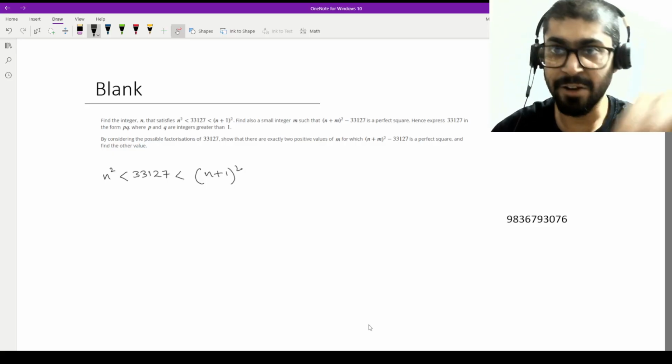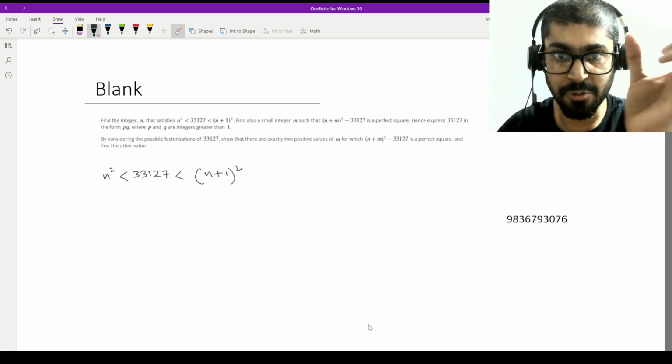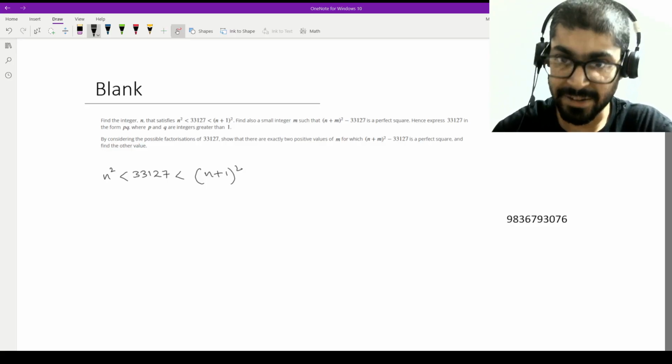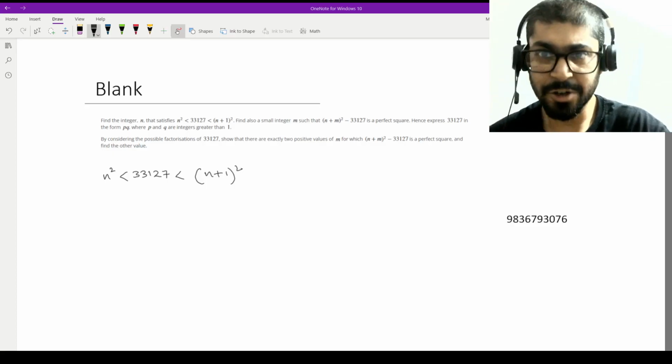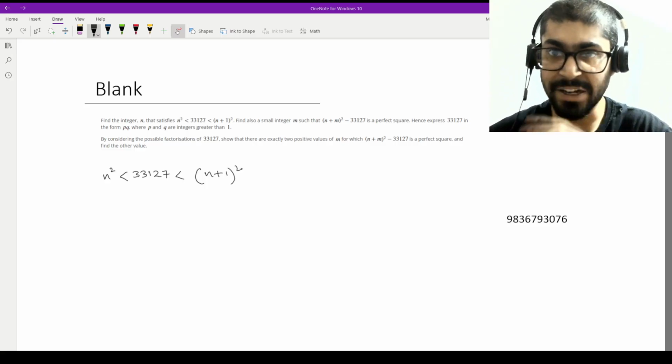If I check 181, I also have to check 182, so that 33127 falls between 181 whole square and 182 whole square. So it's better to write down the squares along the way and then decide which numbers to use. We are quite sure that it will be above or near about 180 whole square.